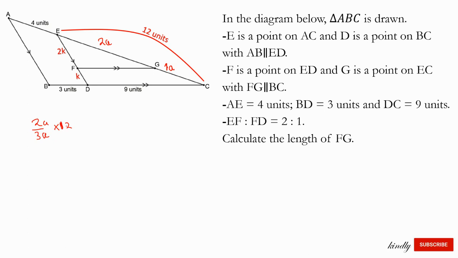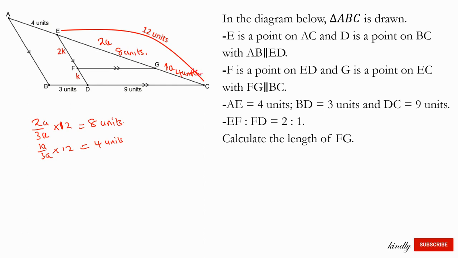So 2 over 3 of 12 is equal to 8 units. Therefore GC is going to be 4 units. If you want, you can say 1A over 3A times 12, and you still get 4 units. Even from 12 minus 8, you see that this is 4 units.